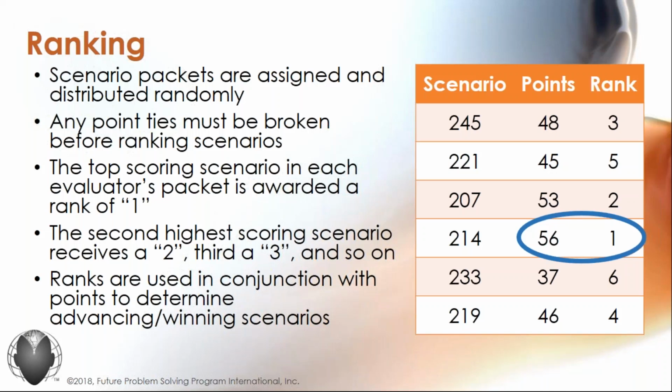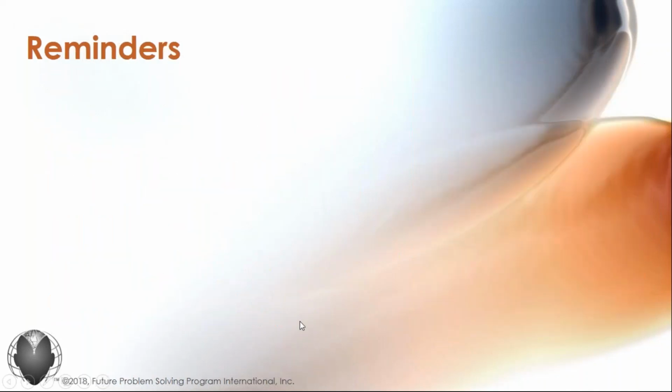It could be that scenario 214 earned 64 points from another evaluator and also got a rank of 1. So the ranking helps us see where the scenarios come out, and then we can look at the points and make sure that we are properly moving on the right scenarios to the next level or to determine the winners.